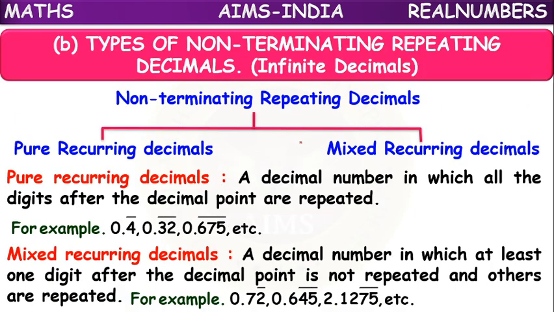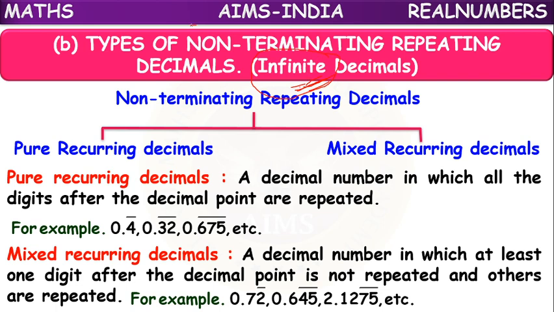Next. So the terminating decimal part is completed. Now, if the decimal number is a non-terminating repeating decimal, it means it is not a finite decimal, and the decimal places are not countable because it has infinite decimal places.